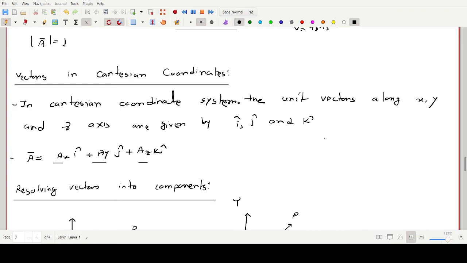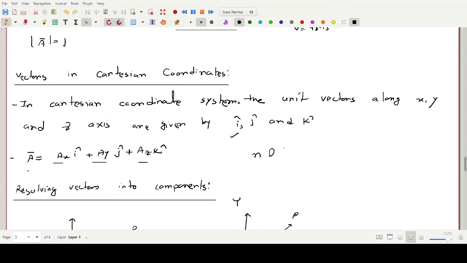In Cartesian coordinate systems, the unit vectors along the x, y, and z axes are given by i, j, and k, and you can decompose any 3D vector into its components like this. You can actually decompose any n-dimensional vector into its components.